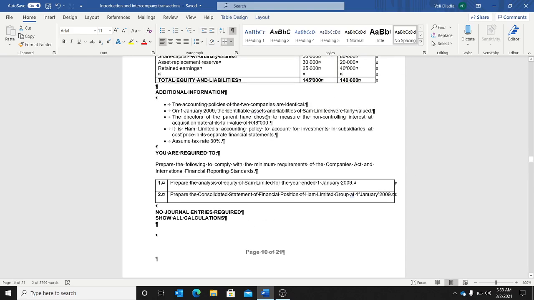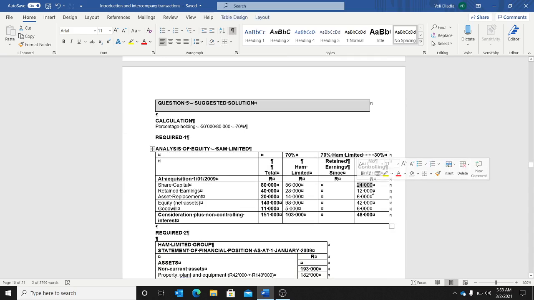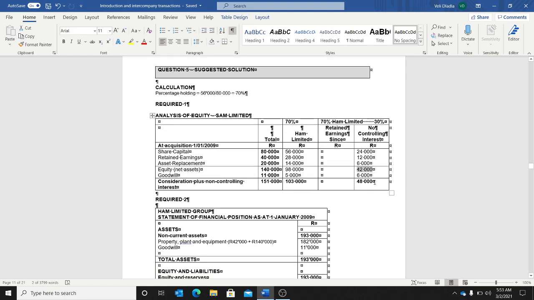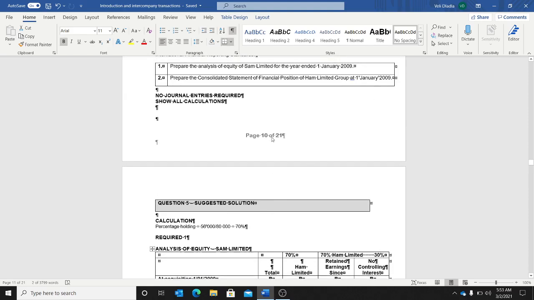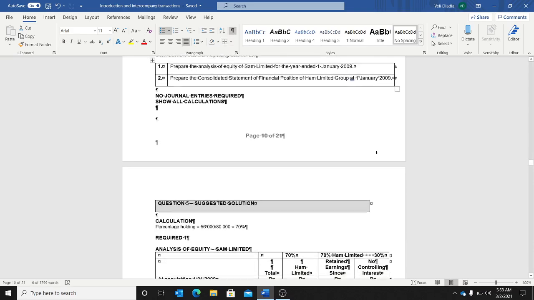Then we come to this one. It says the fair value is 48,000. After adding everything, after adding this and this and this, it gives you 42. But they said the fair value is 48,000, which is what is being mentioned here. Right, 48,000 fair value for the equipment.